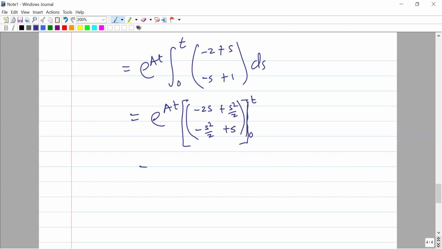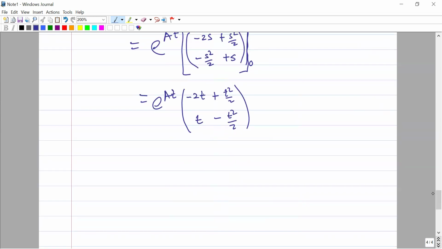Okay, and this is e to the power at times this vector: minus 2t plus t squared over 2, then t minus t squared over 2.